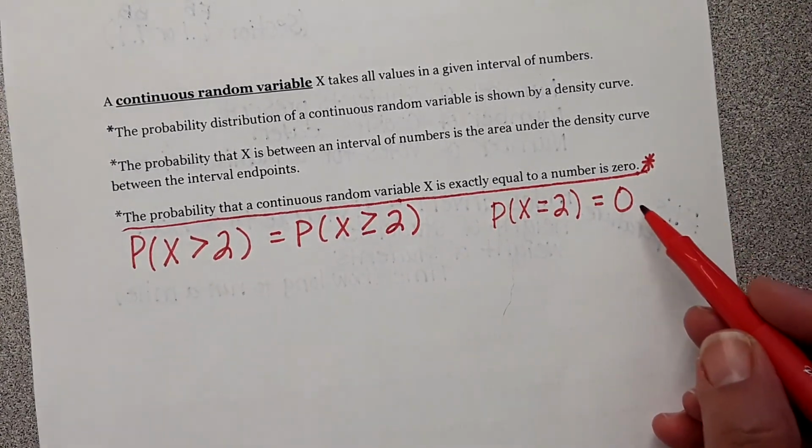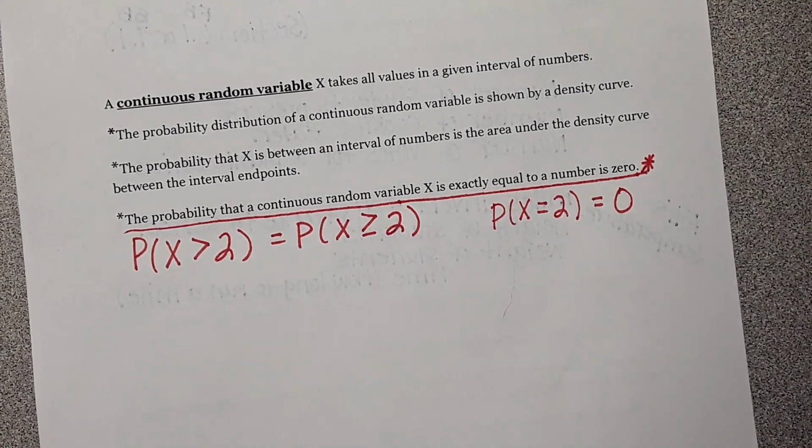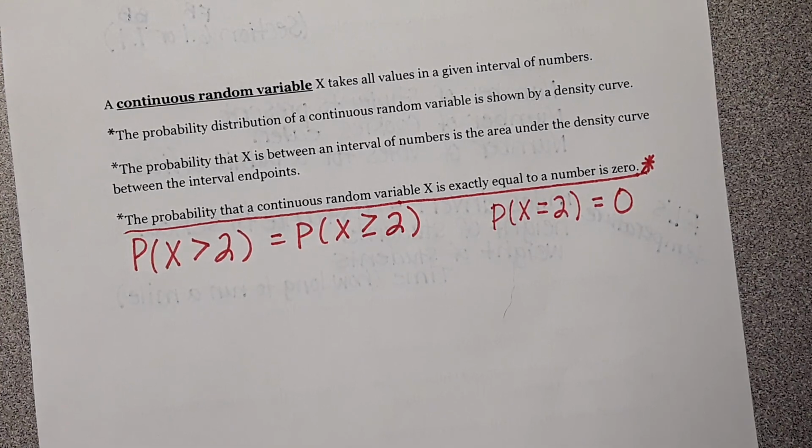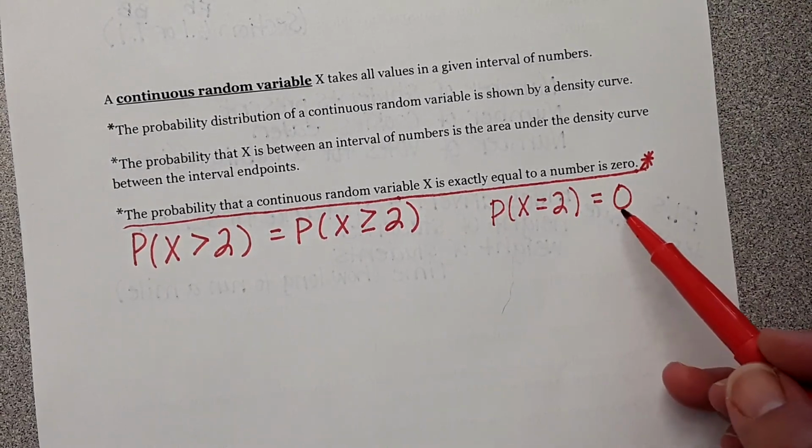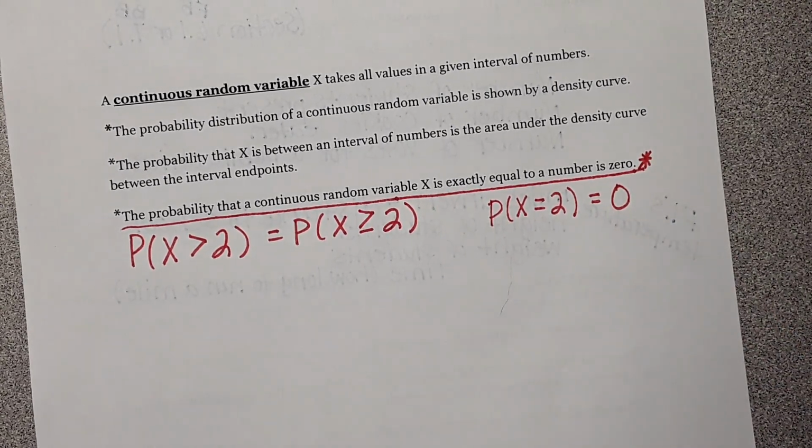But if I ask you the probability of x equaling a number for a continuous random variable, you would say 0. And they will get you on this, and I guarantee you it will be a question, because they want you to know that. Okay?